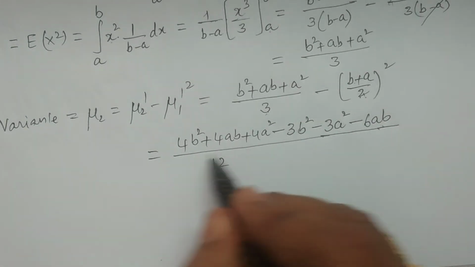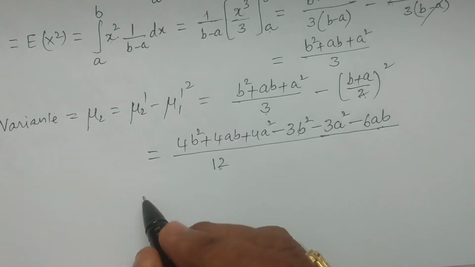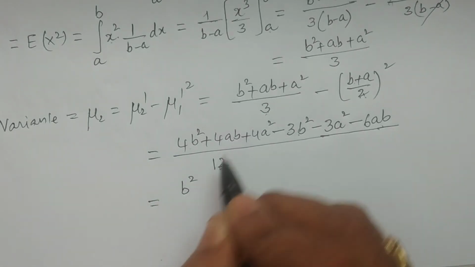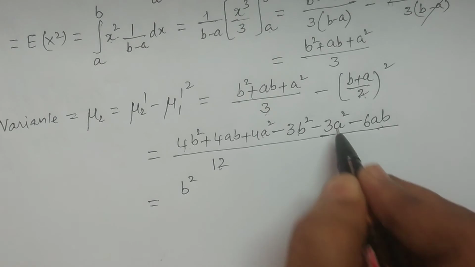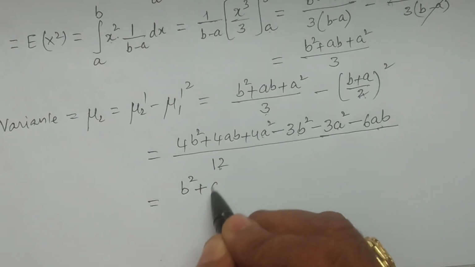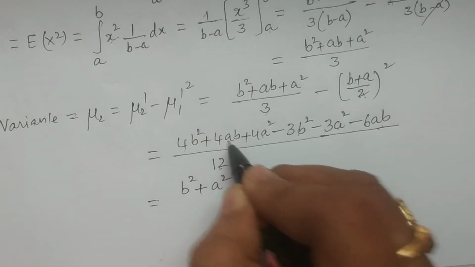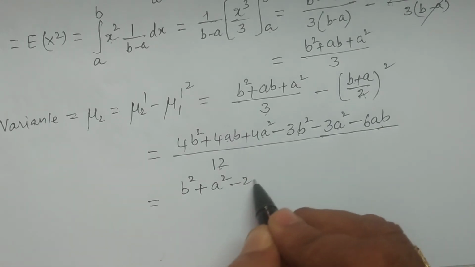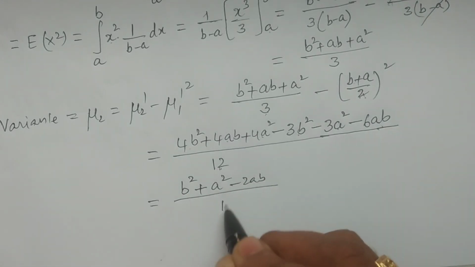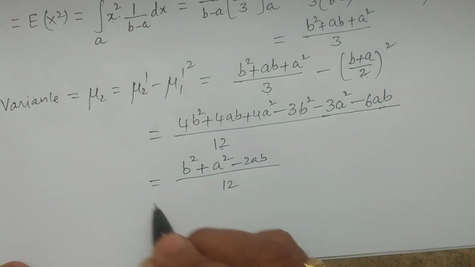Therefore we can cancel: 4b square minus 3b square is b square, 4a square minus 3a square is plus a square, and 4ab minus 6ab is minus 2ab, divided by 12.